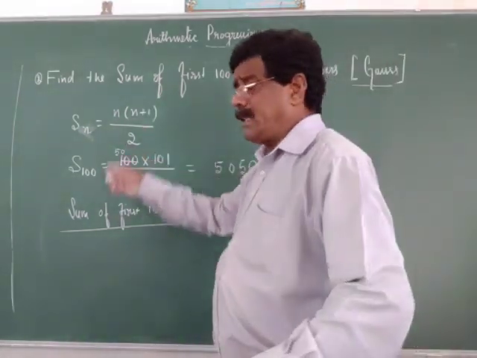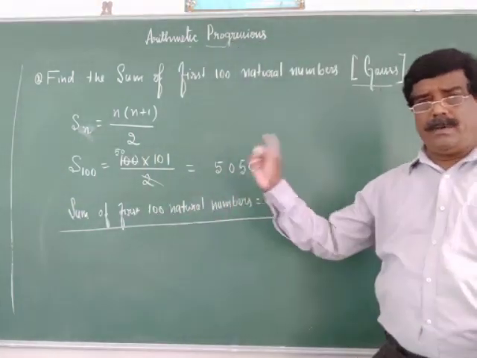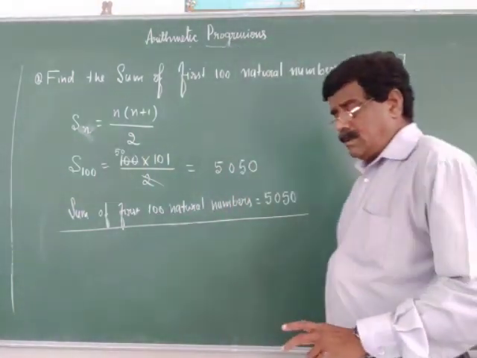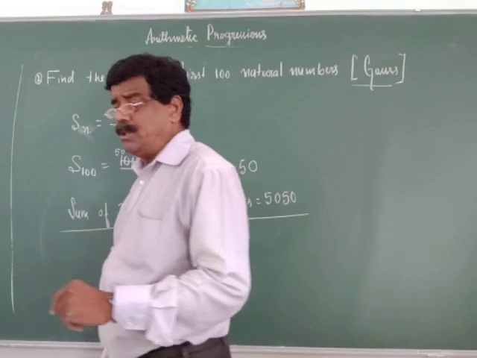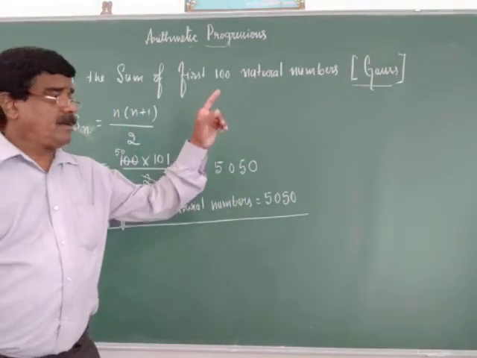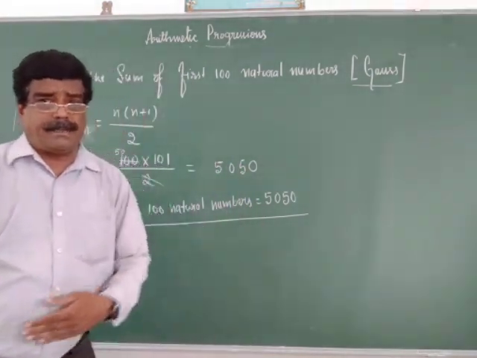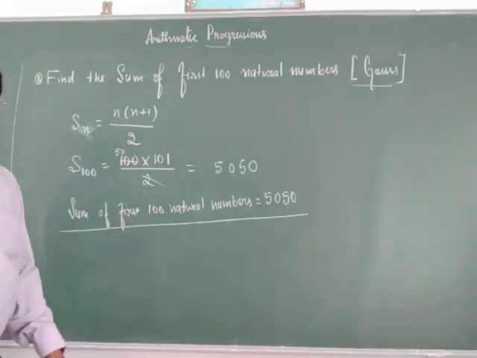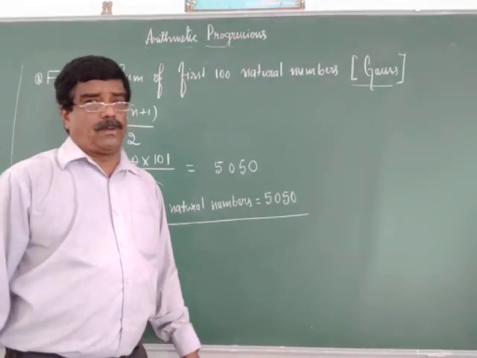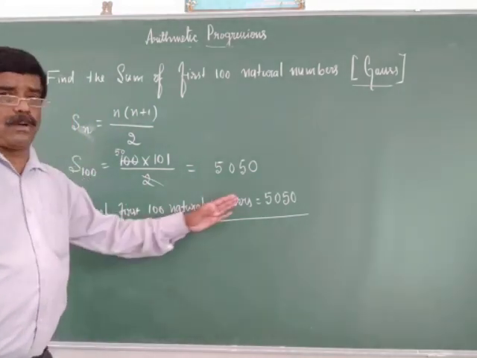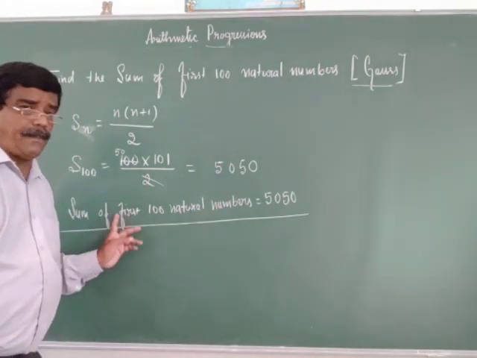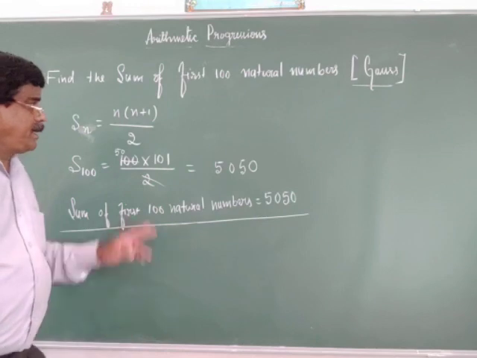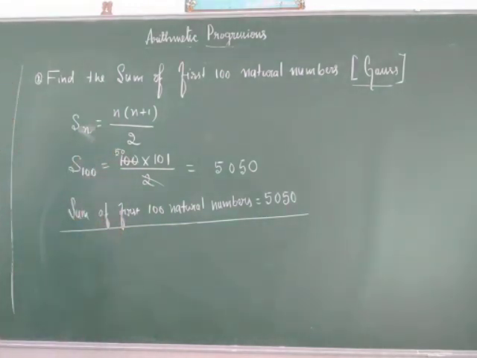By using this technique, see how easily you found it now. But in the 17th century, Gauss solved it directly. 17th century in the sense, 200 or 300 years ago, it was solved by this. Now we are playing the same. See children, like this you must know how to solve the sums.